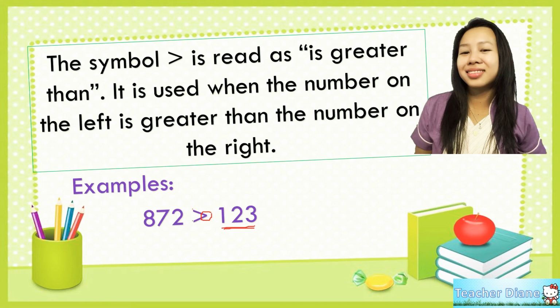The open part shows the greater number, which is the 872. 902 is greater than 345.